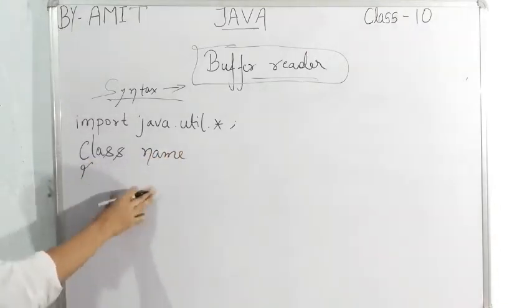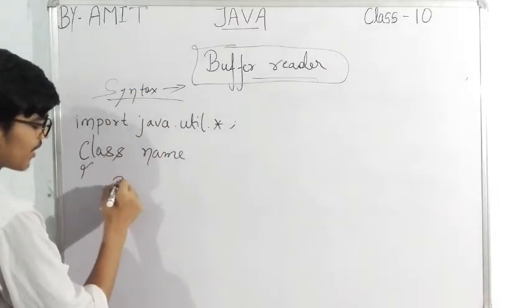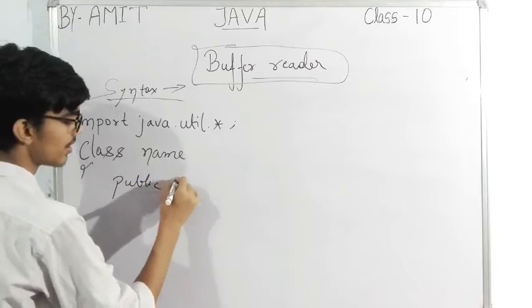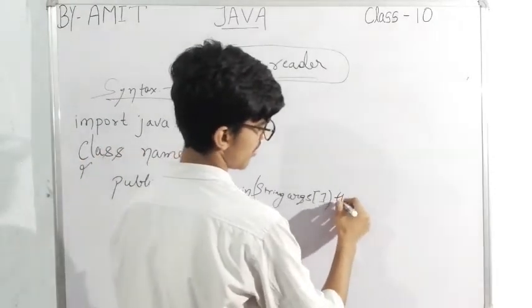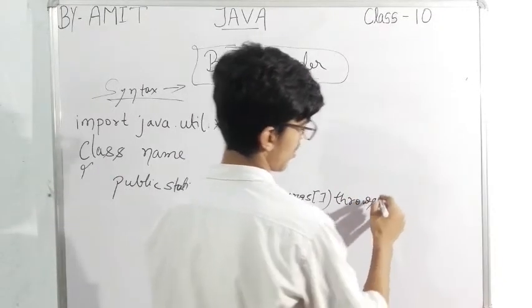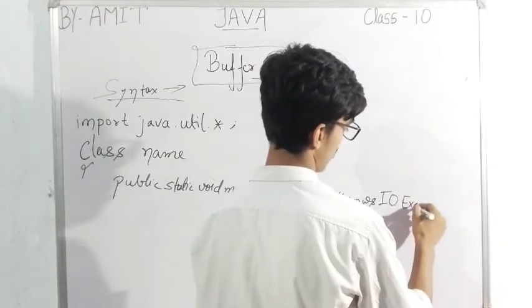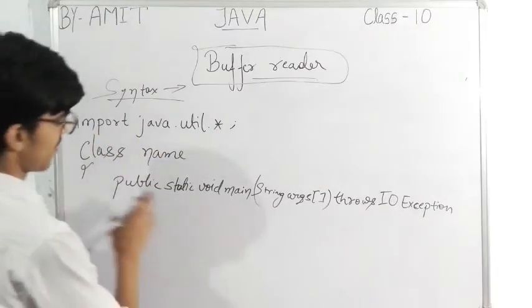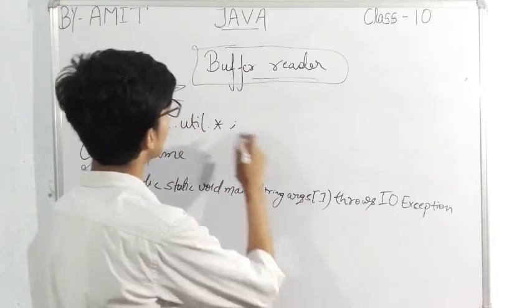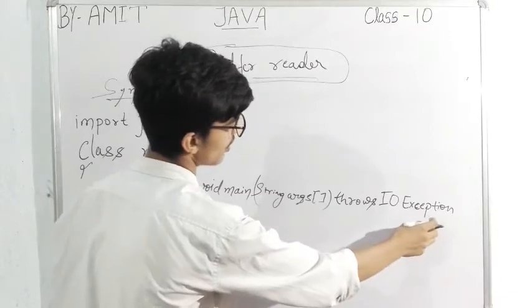After this we write public static void main(String args[]), and here, since we are using buffer reader, we'll write throws IOException.